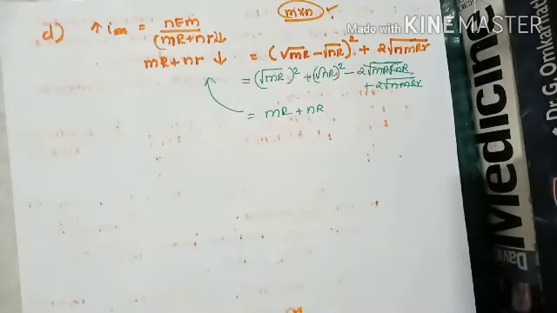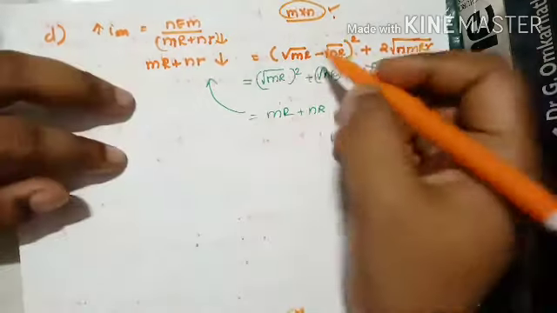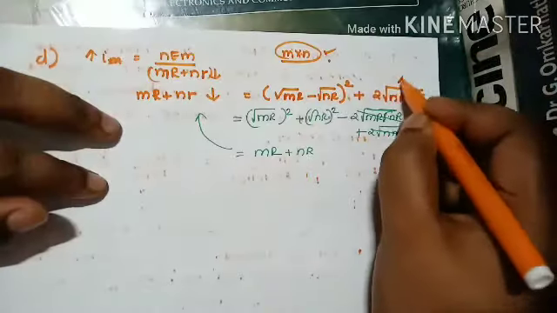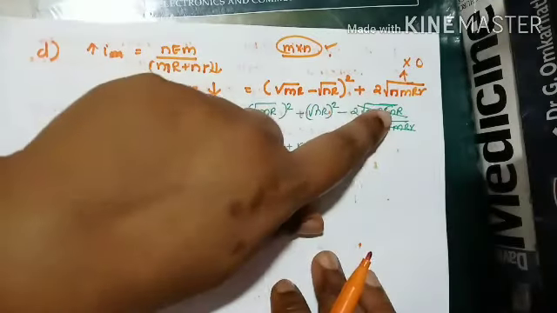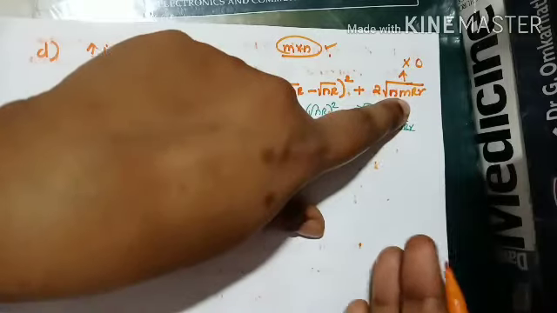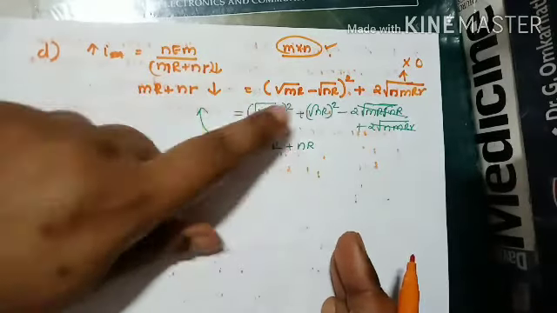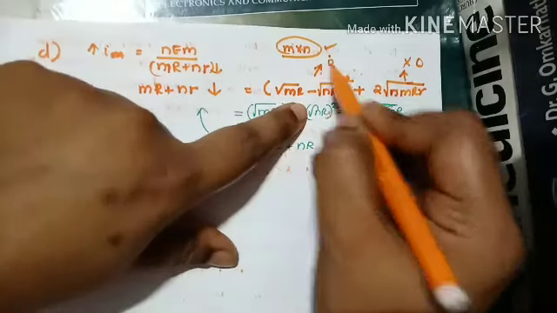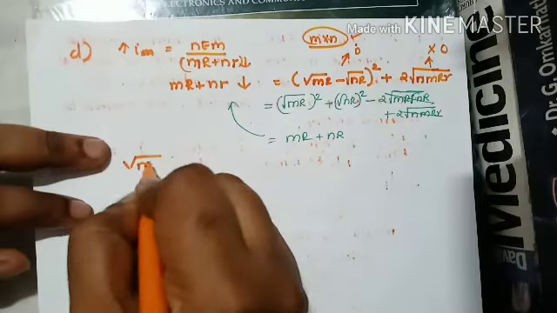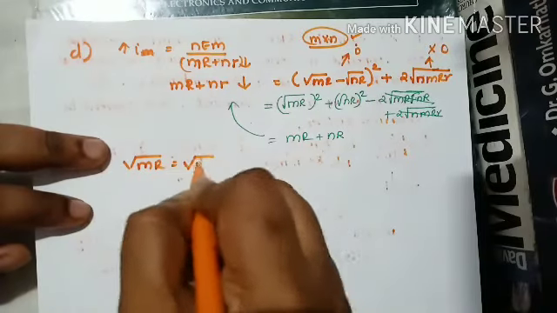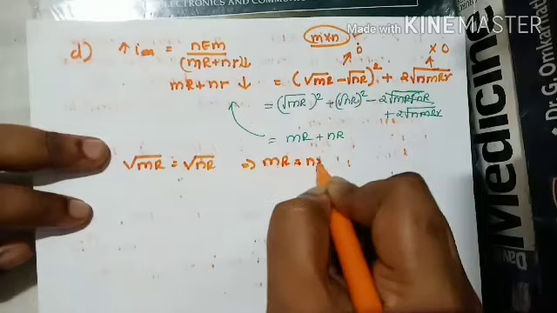Clear? Right. Now, out of this equation, this term can never be 0, since there are N number of cells and M number of rows. So obviously this term can never be 0. Which term can be 0? This term can be 0. So I'm going to equate this to 0, meaning root MR is equal to root NR, or I can write MR is equal to NR.